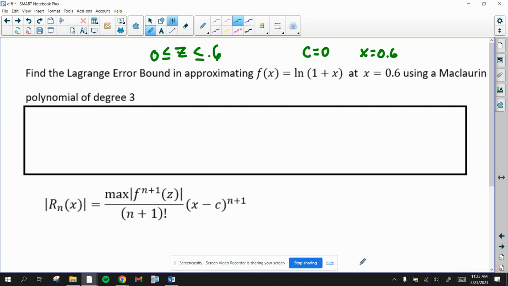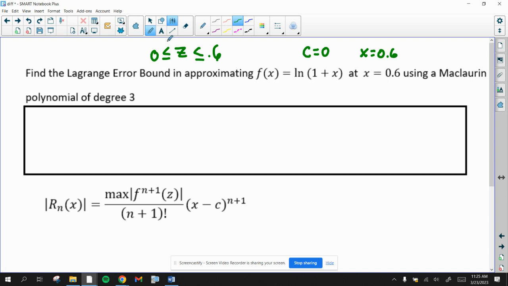So here we go. If we're going to use the third degree Taylor series or Maclaurin, for the Lagrange error, n would be 3, so we need to get to the fourth derivative, and 4 plus 1 down here. So you can kind of see that.